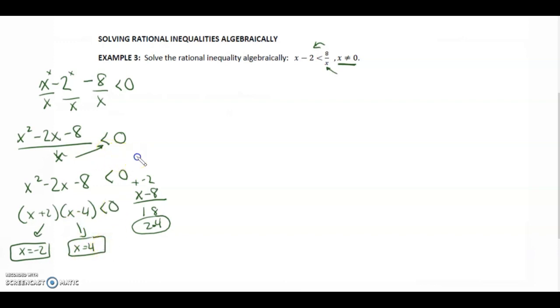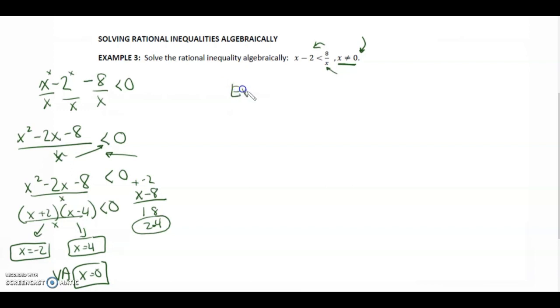And because there's an x in the denominator, we have a vertical asymptote at x equals 0. We have two x-intercepts and the vertical asymptote. And of course, coming back over here, x does not equal 0 because there's a vertical asymptote.